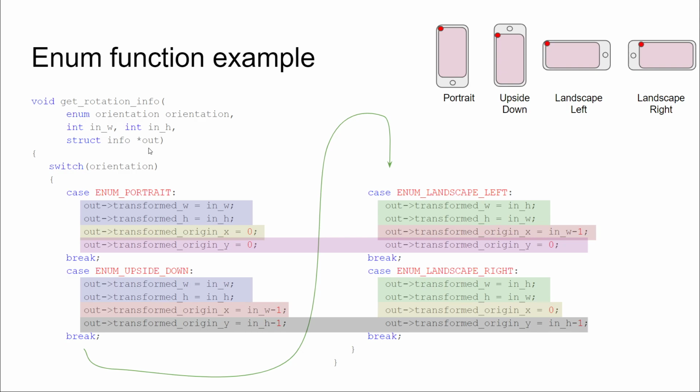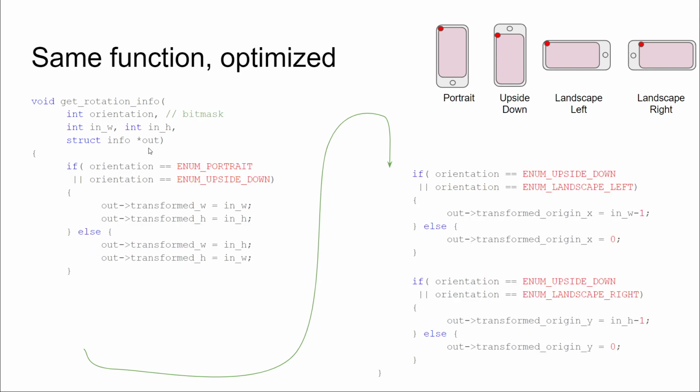So there's a lot of code duplication going on here, and by just creating a switch case function that handles each orientation separately, you're essentially duplicating a lot of code. And you'll find that almost inevitably whenever you use an enum. There's nothing wrong with using them from a readability point of view, but you do duplicate code, which does matter if code size is a problem. It also matters for performance, as you'll see in a second.